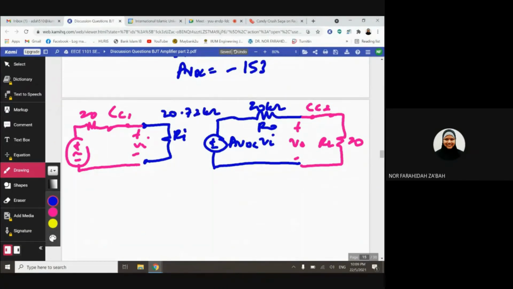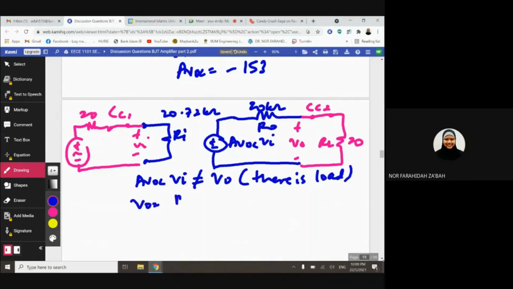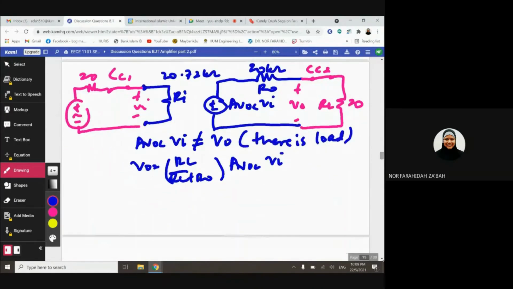Right. So let's do the calculation. Again, we know that AVOC VI is not equivalent to V out, there is load. So V out is equivalent to RL over RL plus R out, times AVOC VI. Which is 20 over 40, is 1 over 2.